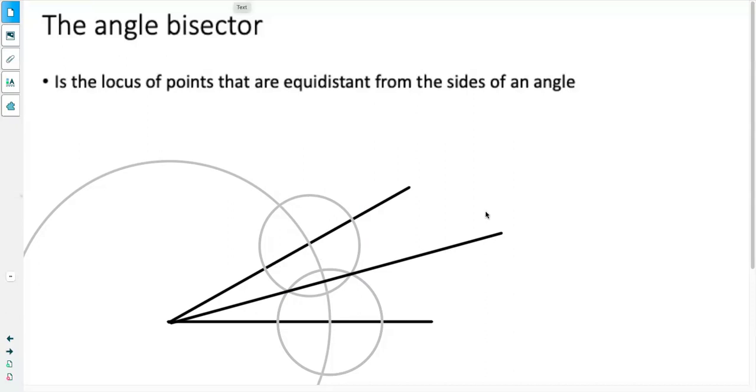Now we can choose any point on here, and if we draw a line that is exactly 90 degrees to it, this distance is going to be the same as this distance. So for example, this would be 2.2 centimeters, and this one is also 2.2 centimeters.